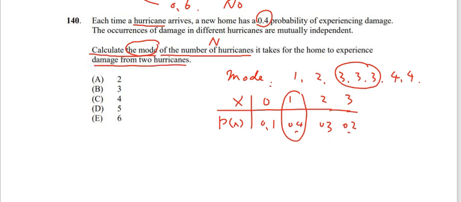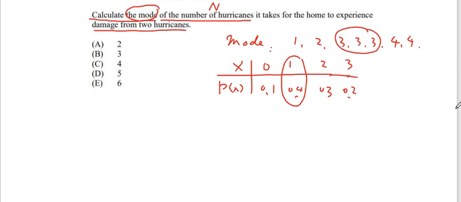So if we have 2 damages, what should n be? n cannot equal 0 or 1, cannot have 2 damages, right? So n can be 2, 3, 4, and so on until infinity, right?